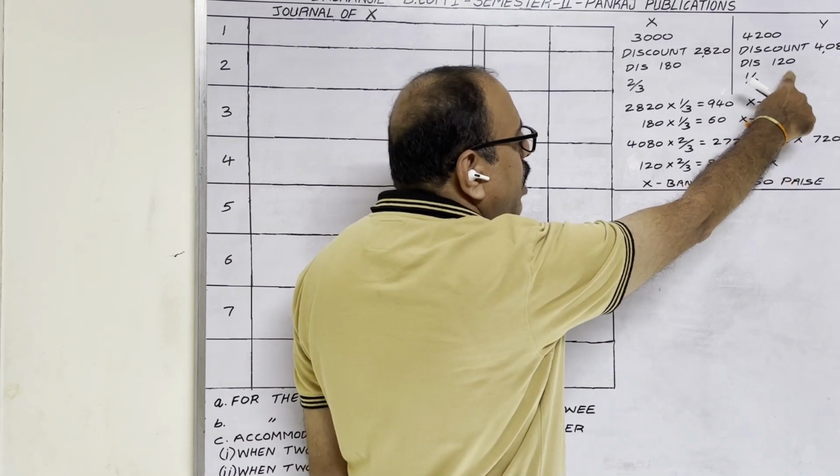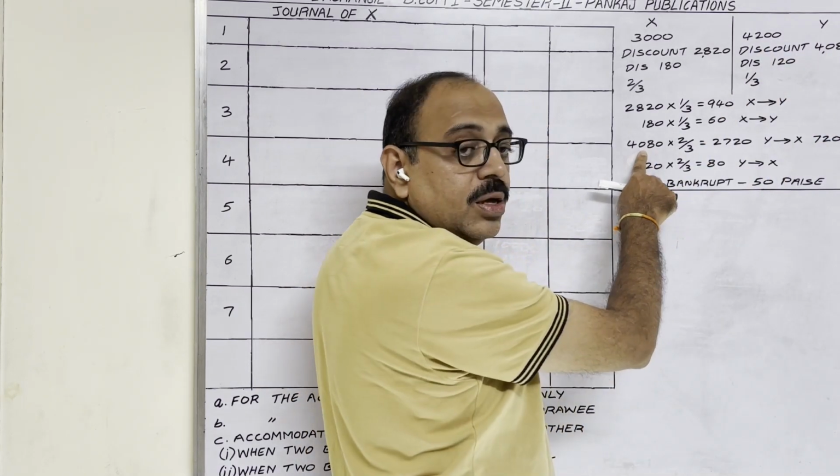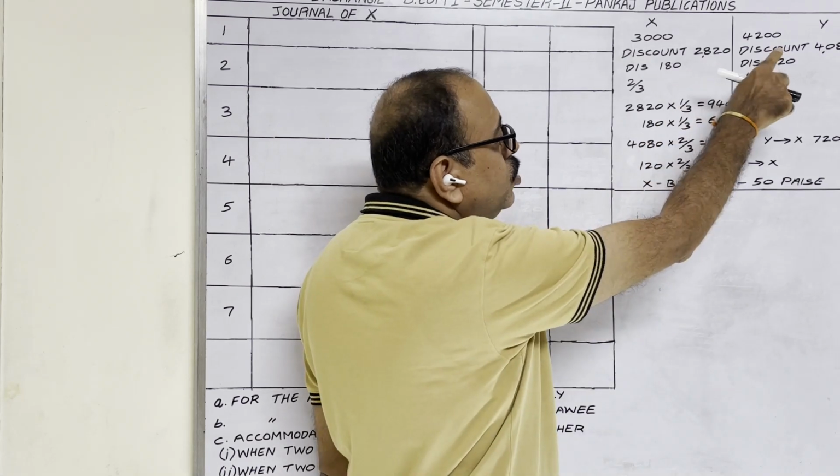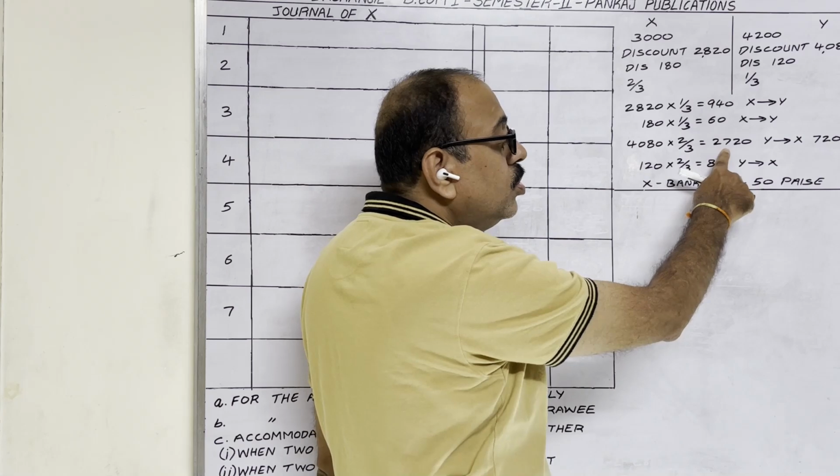Similarly, come to the second bill. Second bill discount proceeds 4,080 rupees. In that, Y has to pay 2/3 to X now. 2/3 of 4,080 is 2,720.